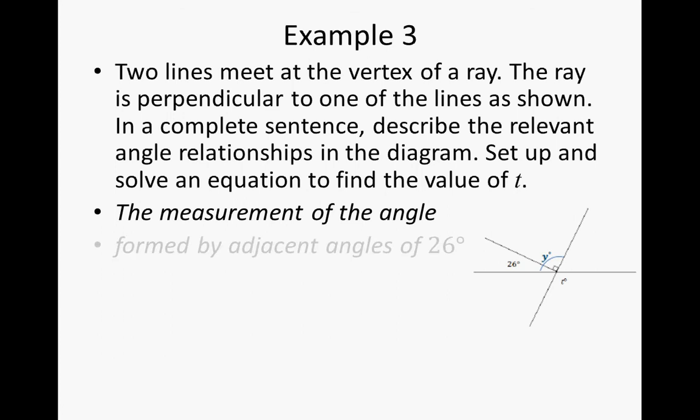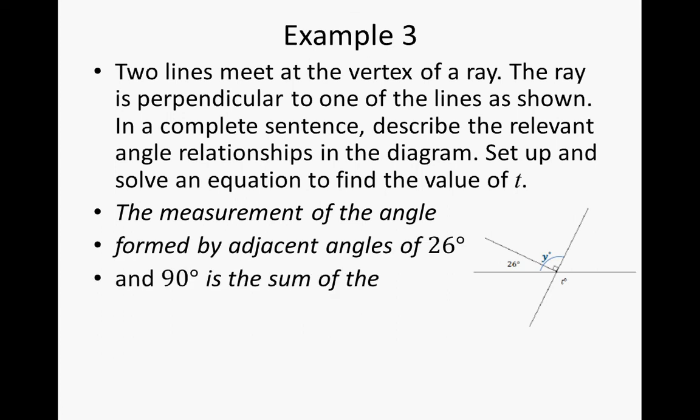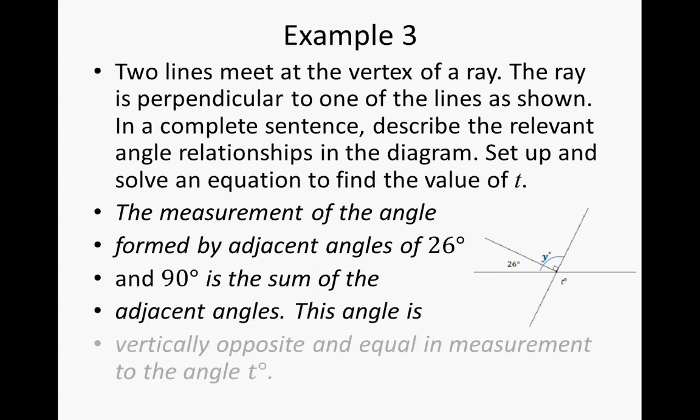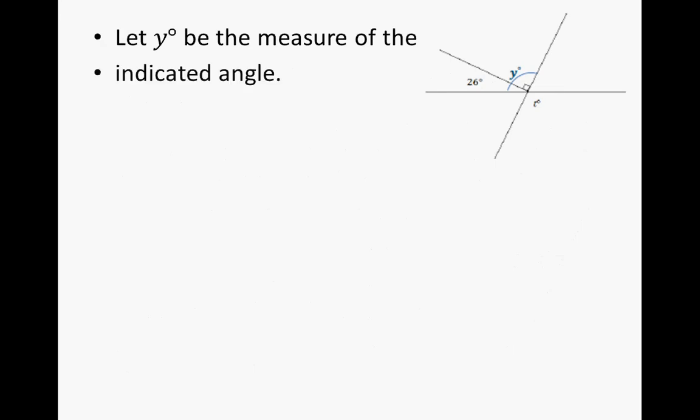So the measurement of the angle formed by the adjacent angles of 26 degrees and 90 degrees is the sum of the adjacent angles. This angle is vertically opposite and equal in measurement to the angle t. So let y be the measure of the indicated angle.